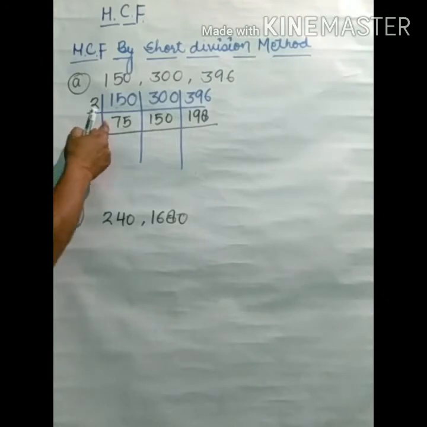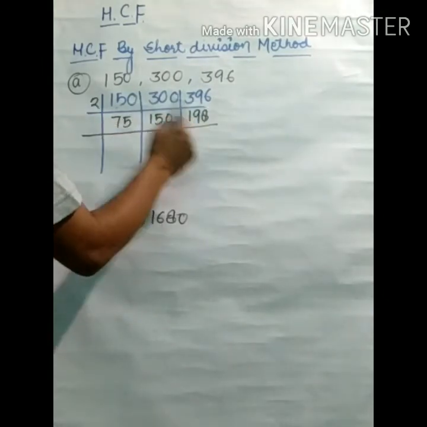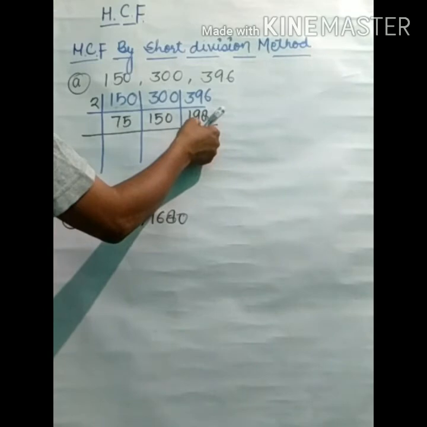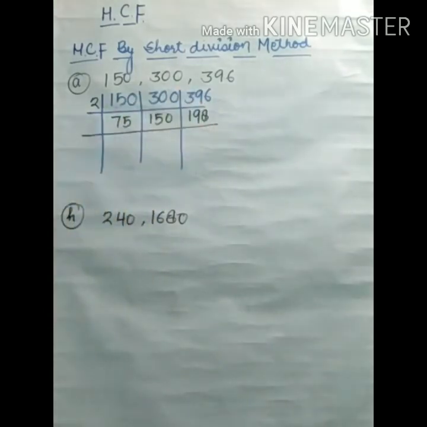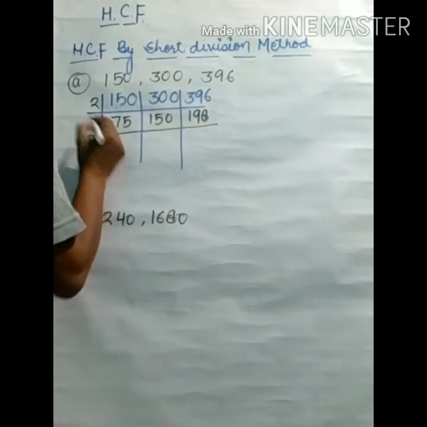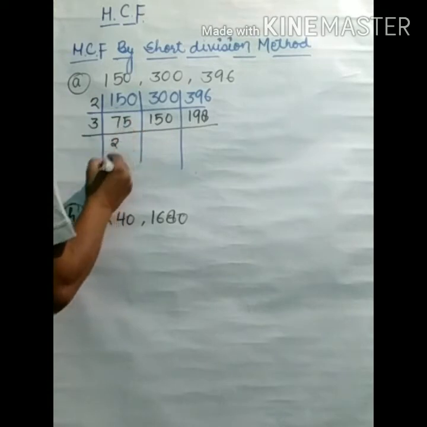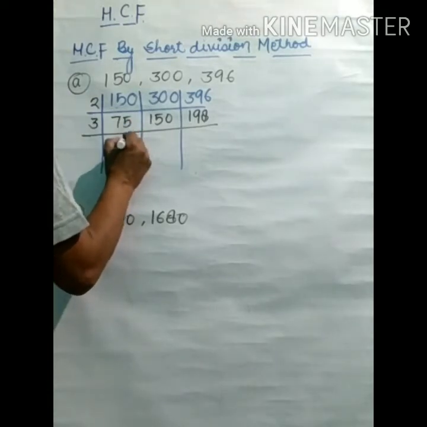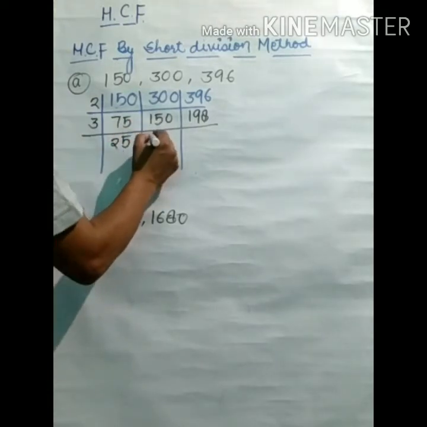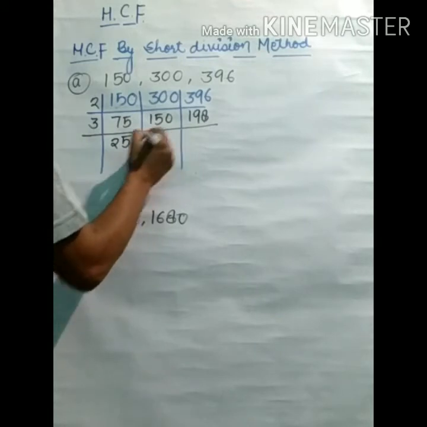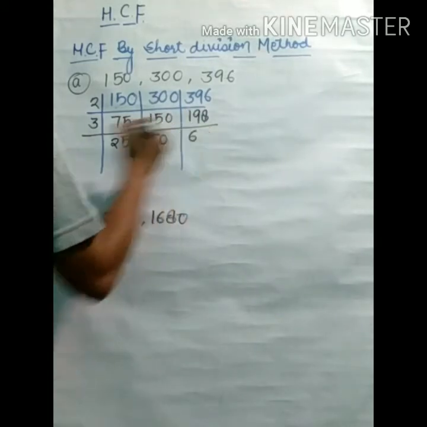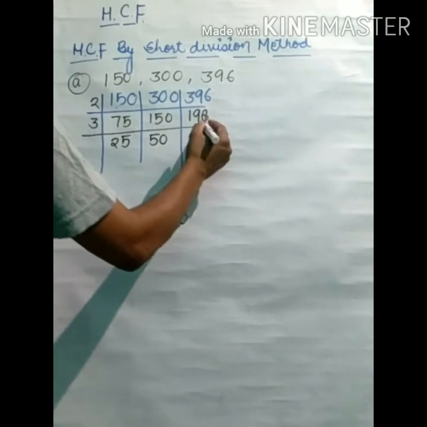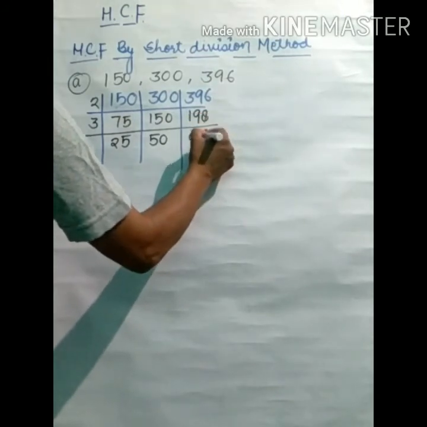Now we need to see such a number which can divide all 3. So this is divisible by 3, this is divisible by 3, and here 9 plus 1 plus 8 is 18, so this is also divisible by 3. So try with 3. 3 2s are 6, then 3 5s are 15, and here 3 6s are 18, and again 3 6s are 18.